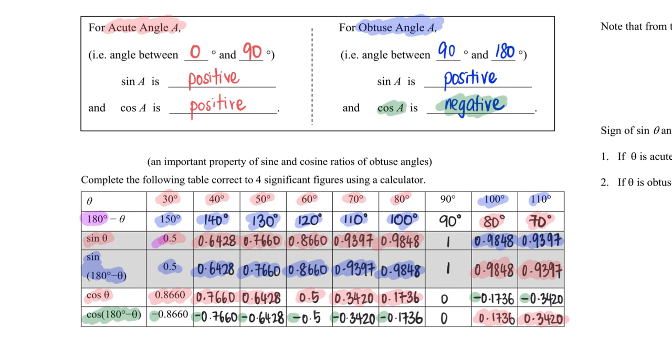The sine ratio is always the same for a supplementary pair of angles, where the angles add up to 180 degrees. The sine ratio is exactly the same.